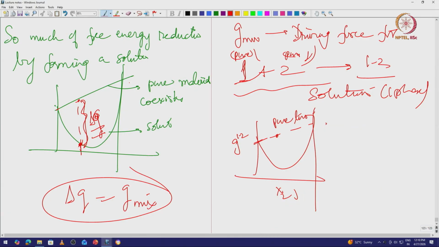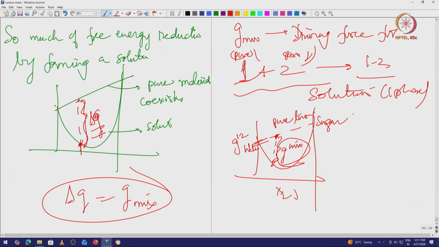Now, let us say this is water, this is sugar, right. Water and sugar do not have to mix, right. So, water and sugar can exist separately. When I put them together, water can be just like water, sugar can be just like sugar, they do not have to mix and form that solution, right. However, if they form that solution, I have this extra G mix, right. So, I have this driving force G mix which makes them form a solution, right.